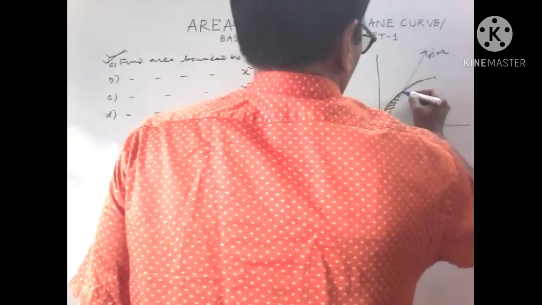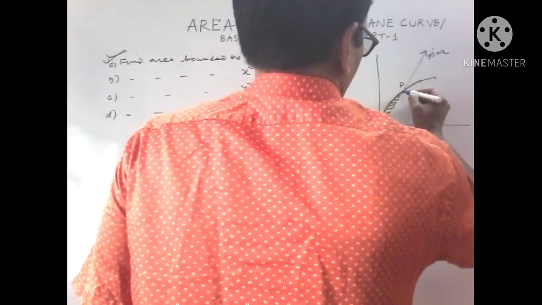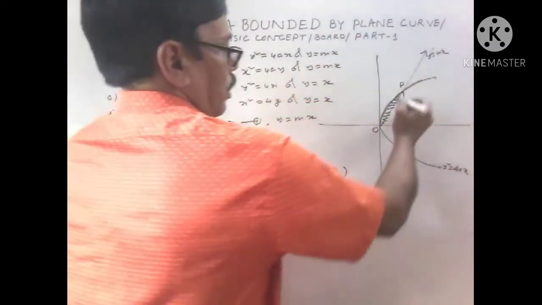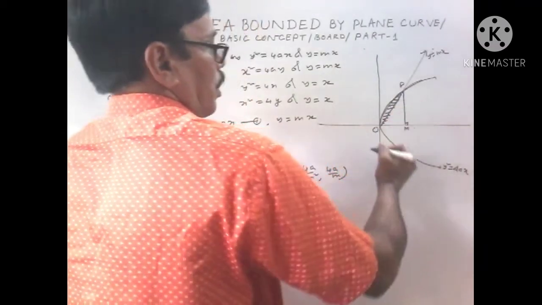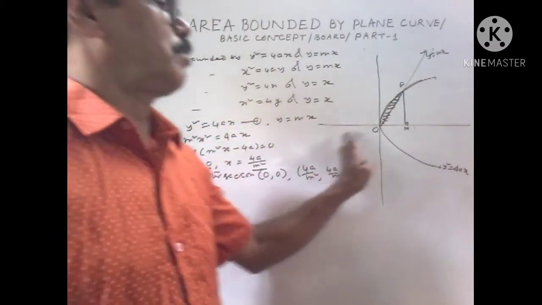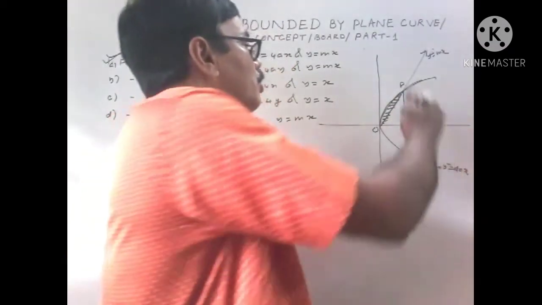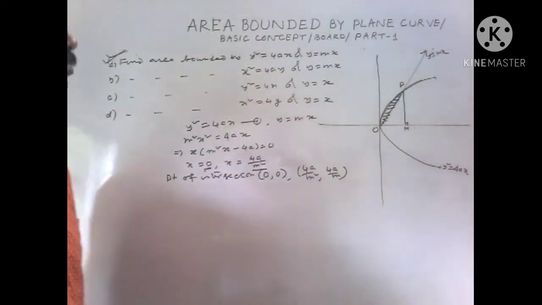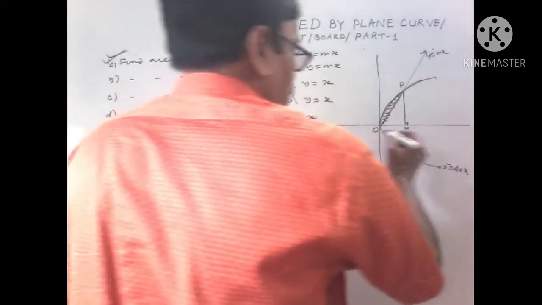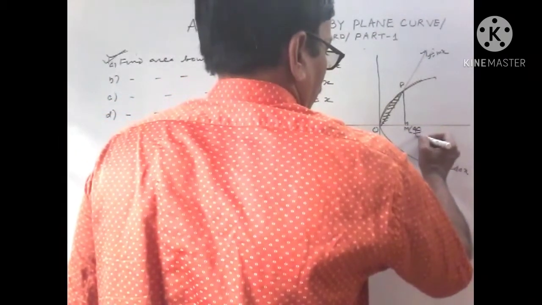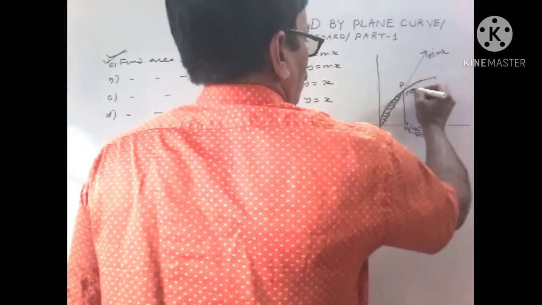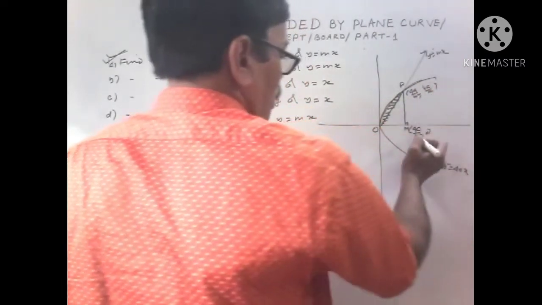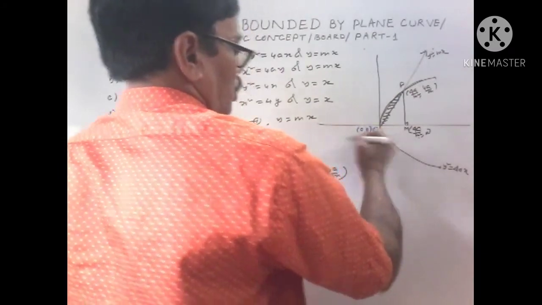So this is O and this is P, the point of intersection. So draw the perpendicular from P. If you draw a rough sketch, you get 1 mark for both problems. So what is the x coordinate? This is (4a by m square, 4a by m). We need the x coordinate only. This is (0, 0).